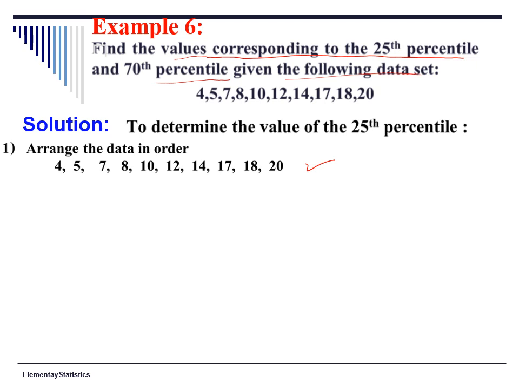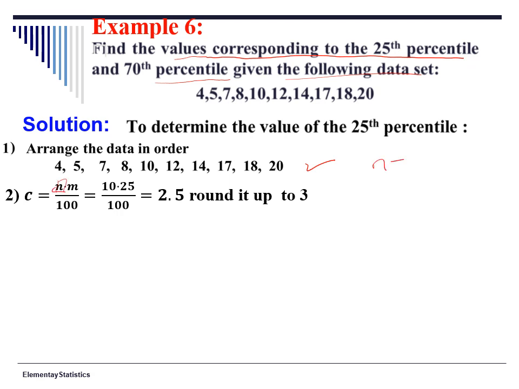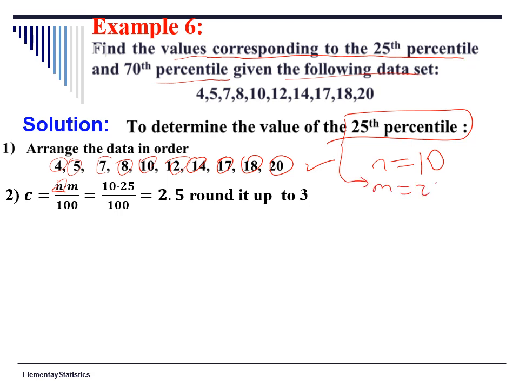So you have to find C. n is the number of values here: 1, 2, 3, 4, 5, 6, 7, 8, 9, 10, so n is 10. And we're looking for the 25th percentile, so m will be equal to 25. Then we use these values to find C.